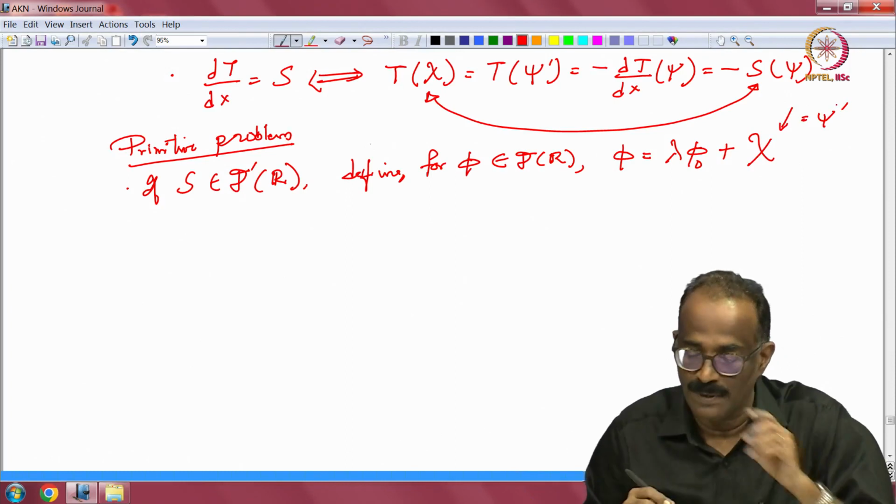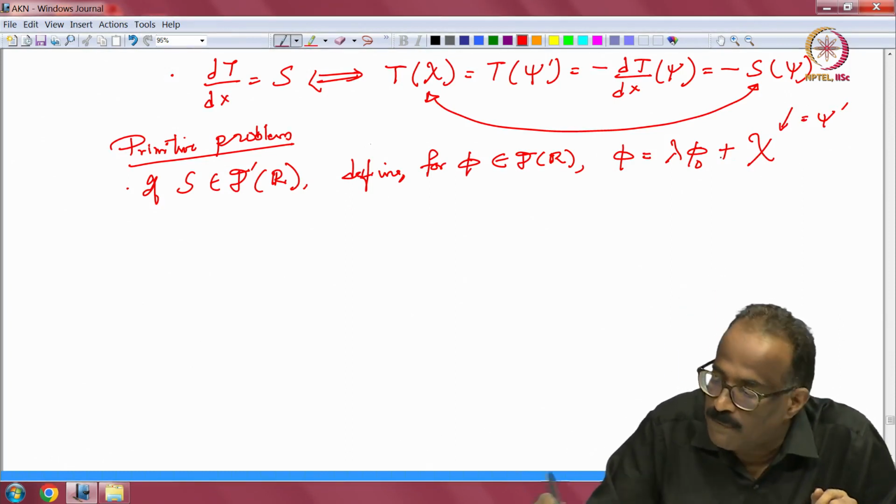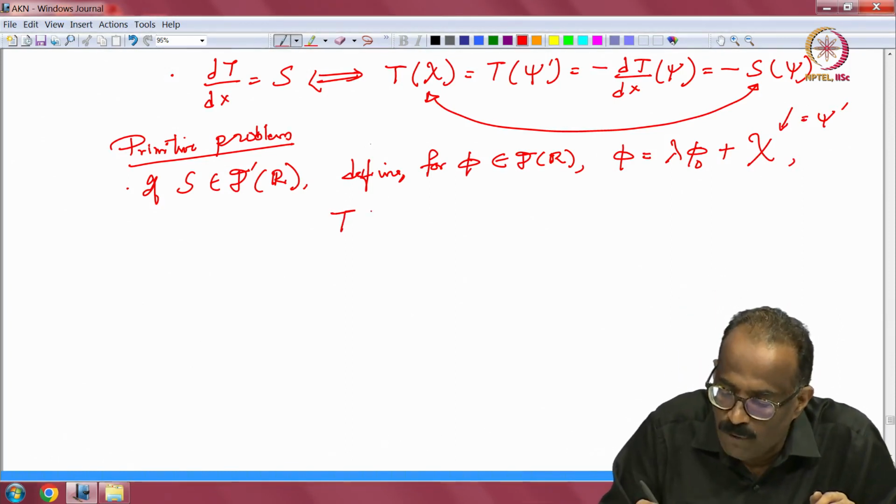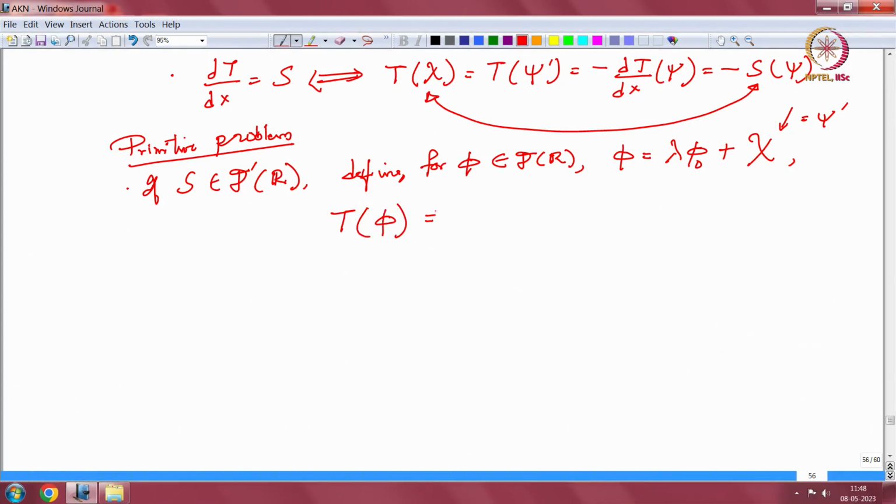So you define for this one your T of phi is equal to some lambda, the same lambda, some constant, any constant arbitrary you can choose it.